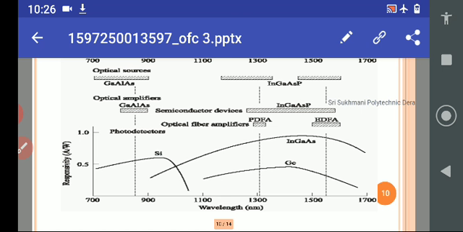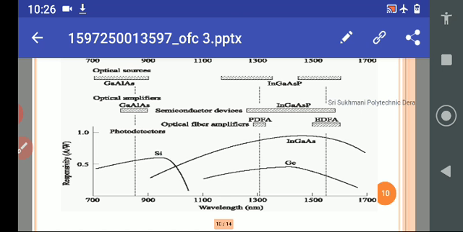How much is the sensitivity of the photodetector? How responsive is the photodetector corresponding to the received light?